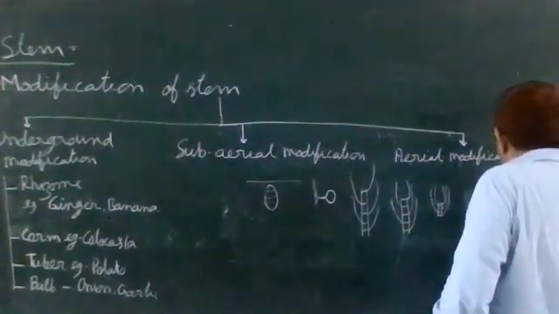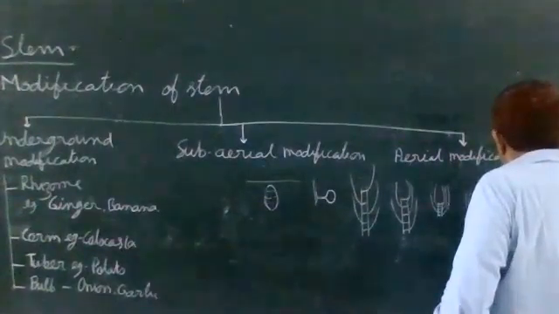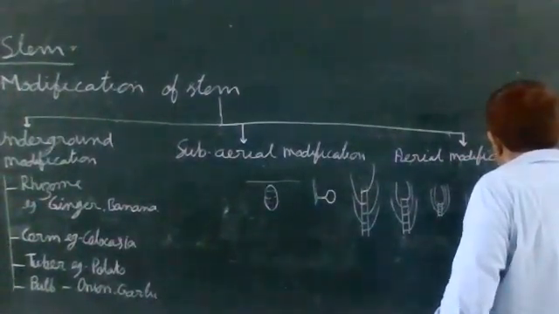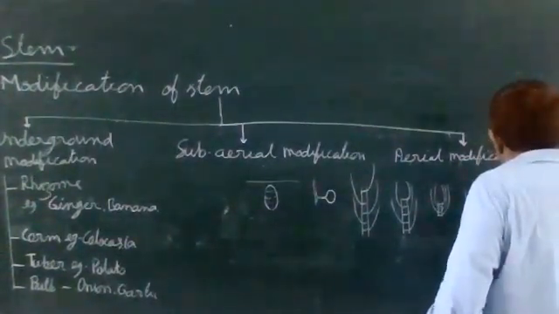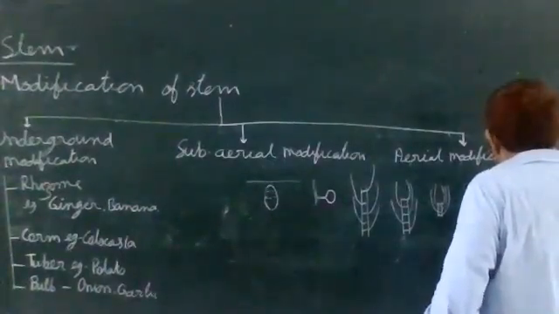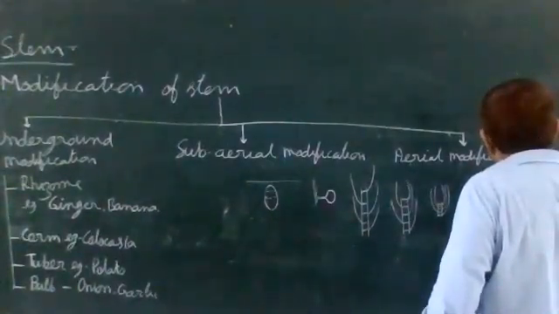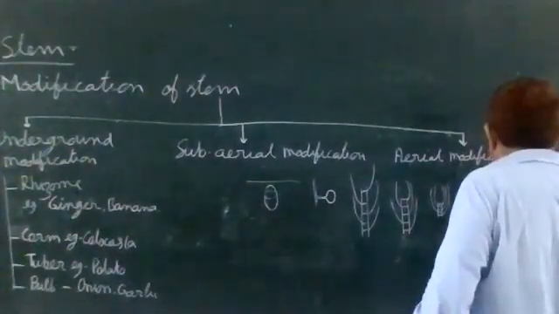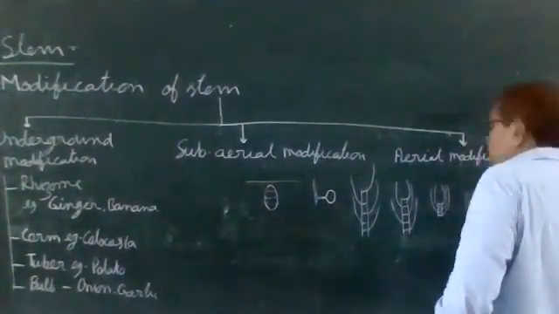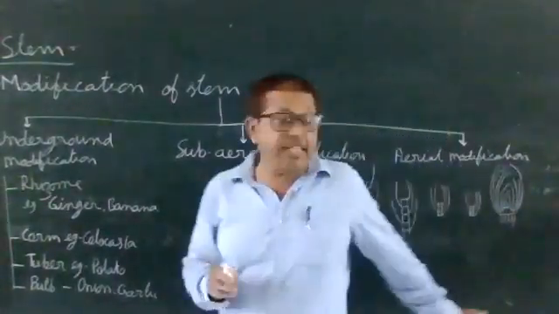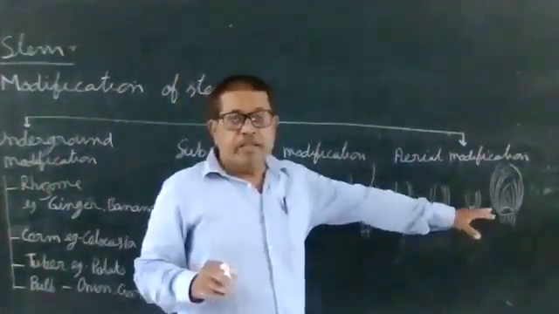So here roots are present. So this is the VS of onion.